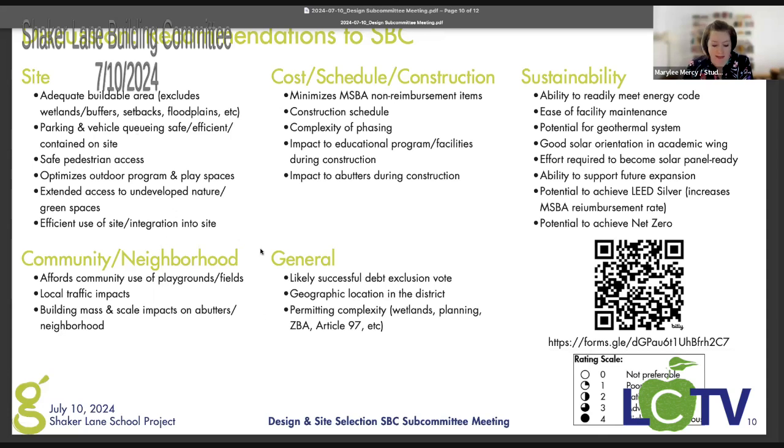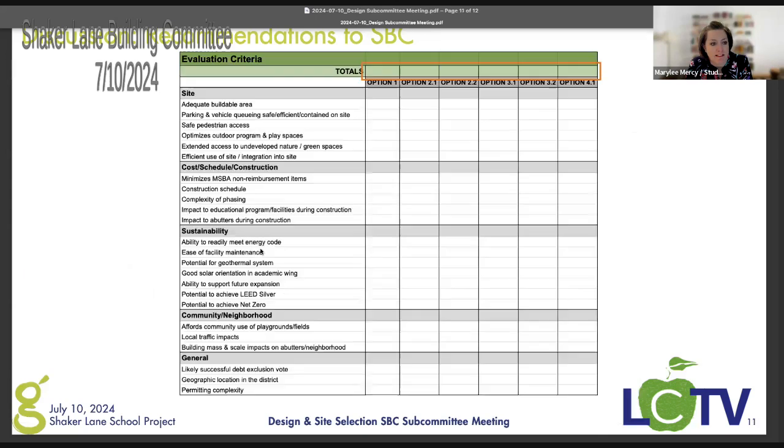As you do this, I'm going to see results populate live in a chart that looks like this. It's going to take all your individual responses for each of these and average them together, so we get an average score in each category for each option. Then it's going to add all those numbers up and give us a total number so that we'll see which options get the most points.